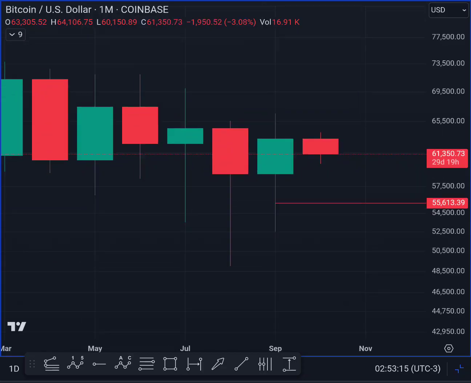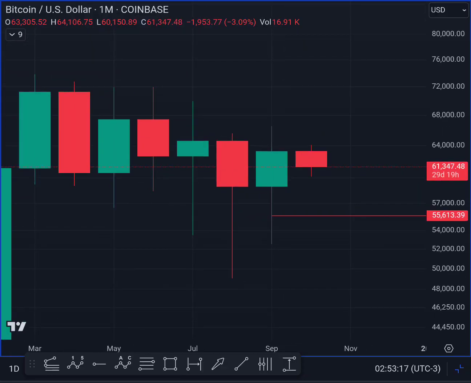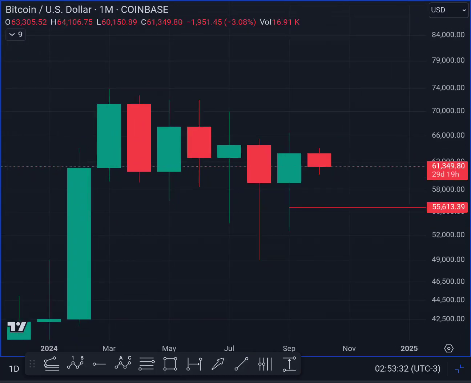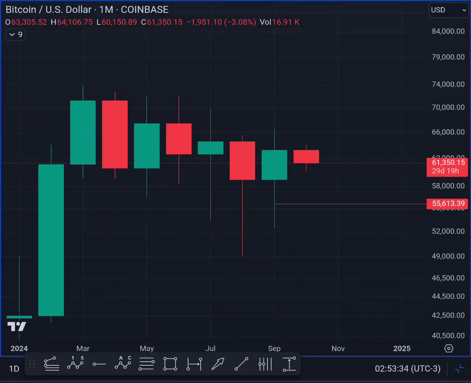That doesn't look too bad in that portion of the wick. We also do have wicks to the upside. Those might be filled eventually. 67,685. That's an area of interest. But yeah, let's zoom into the weekly and see the weekly close that we recently had.